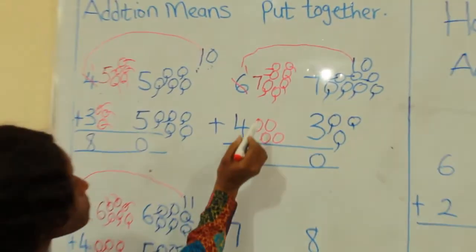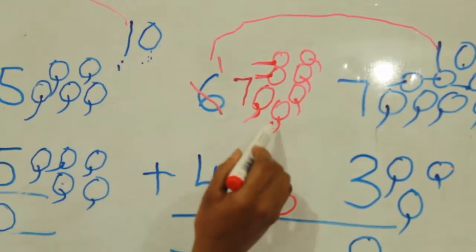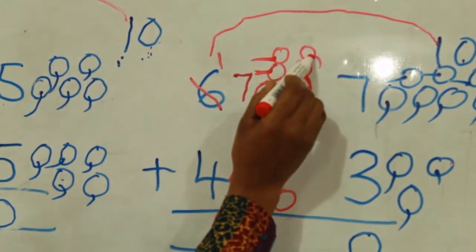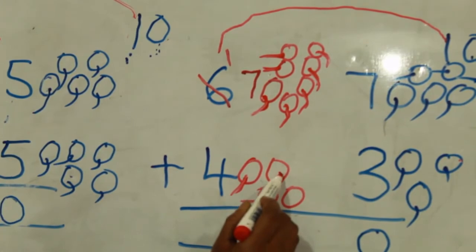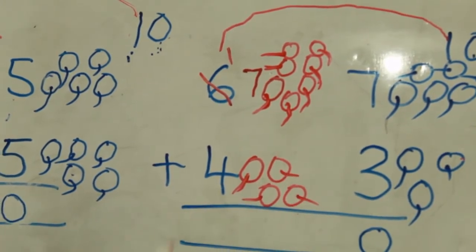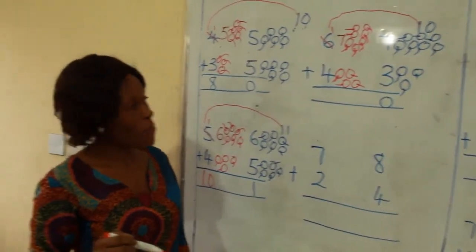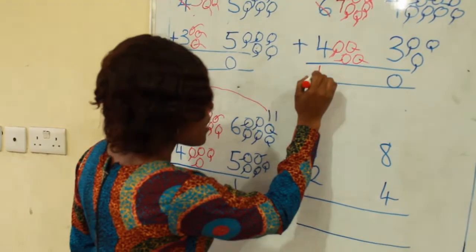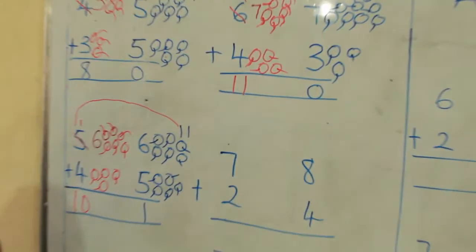Let's count. 1, 2, 3, 4, 5, 6, 7, 8, 9, 10, 11. How many counters did we just count? 11. So we come here and write our answer, which is 11.